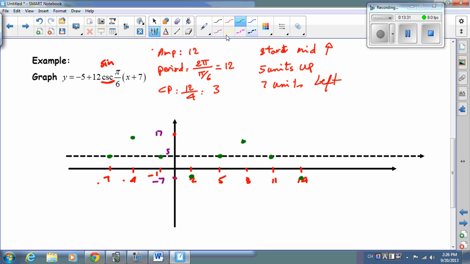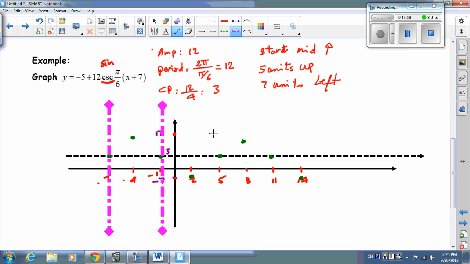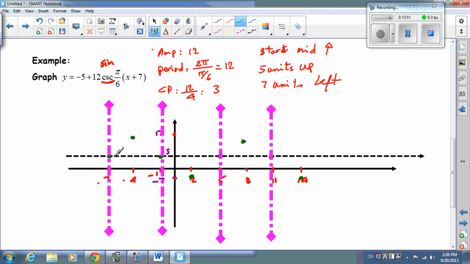Wherever it is on the axis, that's where I will graph my asymptote. So I will have an asymptote here because it's touching the axis. I will have one here. I have one here and here. So now the only points left will be the ups and downs. If it's high up here, by the way, I can always graph my sine function. My sine function will be like this, and I'm making it a dotted line. You don't have to graph it if you know already what you're doing.